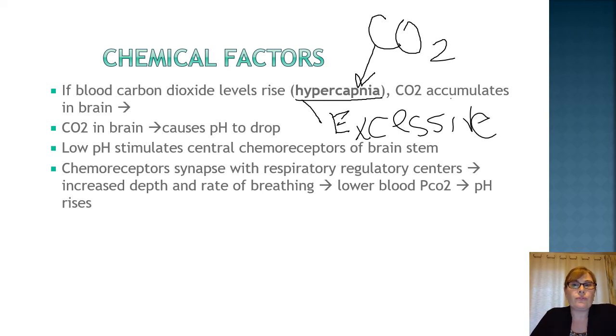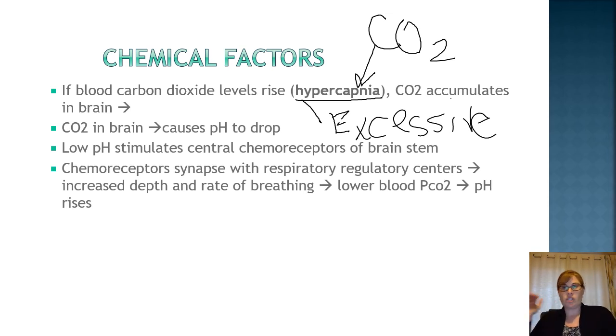Okay, so if carbon dioxide levels in blood are too high, carbon dioxide is going to accumulate, and it can accumulate in the brain. If it accumulates in the brain, we have pH drop happening. Low pH is going to stimulate the brainstem chemoreceptors. That in turn is going to increase the depth and rate of breathing, which is going to then lower the carbon dioxide and change the pH again.